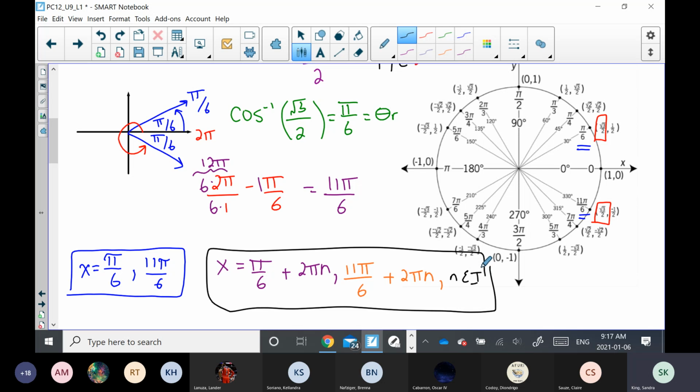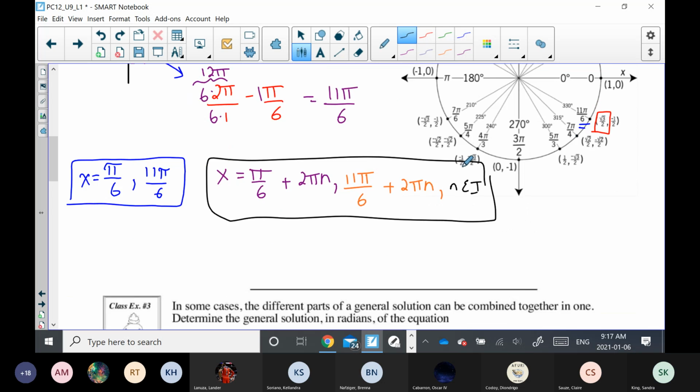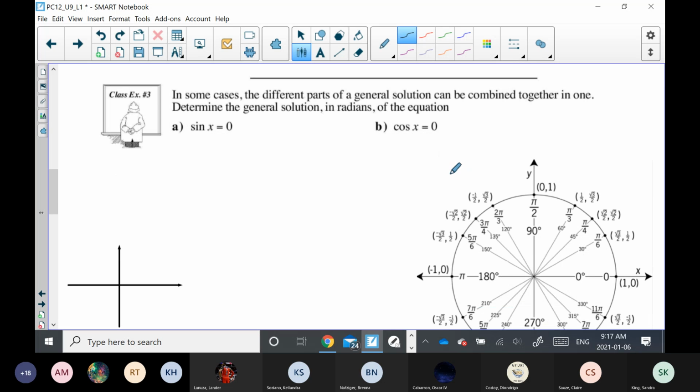Okay, now we're going to do class example number 3. For this one, sine of x is equal to 0, cos of x is equal to 0. What I want you guys to quickly do is, whenever we have 0 or 1s listed, your answer is going to be on the axes.